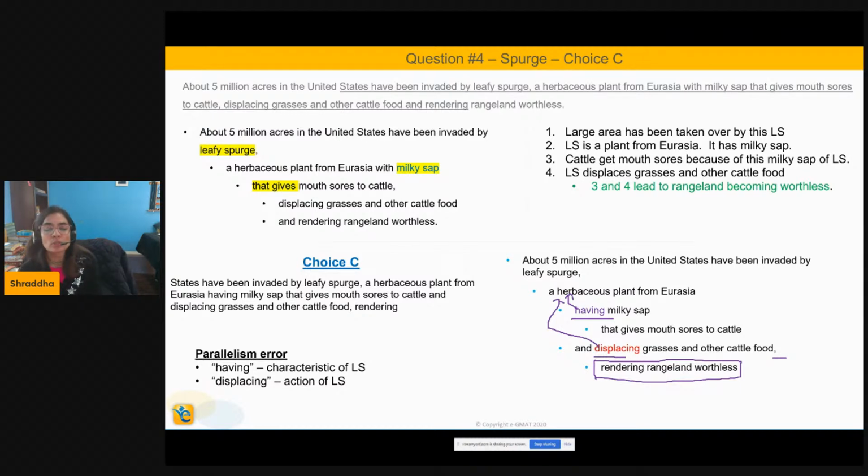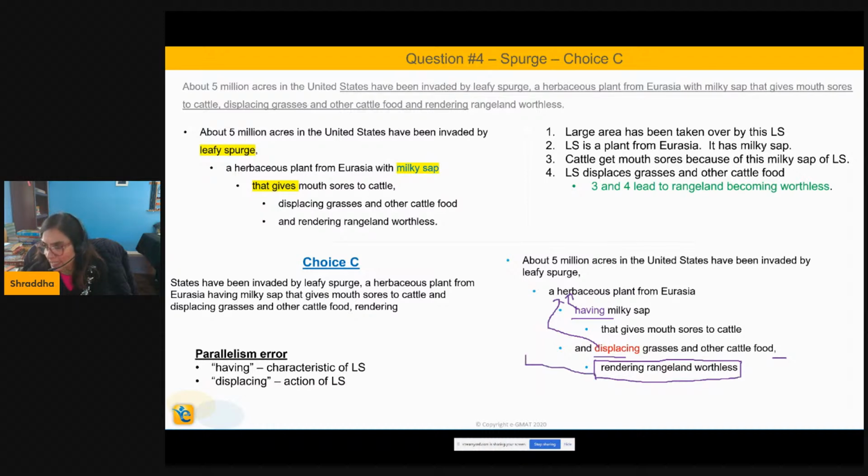Now, many of the students also ask this question, that why can't we say, like in the astronomer question, the exploding question, you said that okay, emitting went all the way back to the first main clause in the sentence, astronomers have found evidence. Why is it not happening over there?